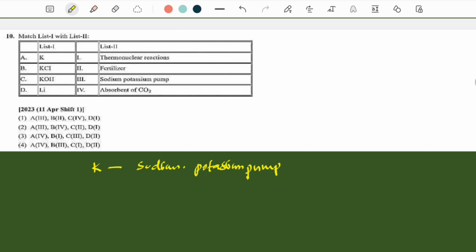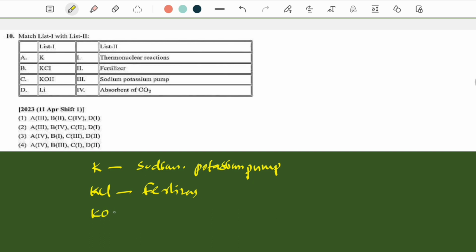Coming to potassium chloride. Potassium chloride is commonly used as fertilizer in agriculture due to high potassium content.